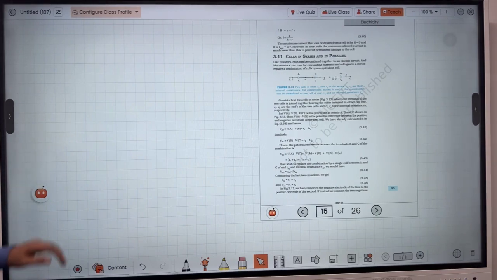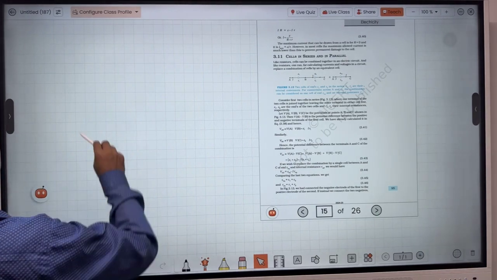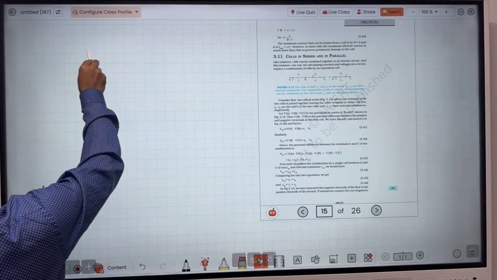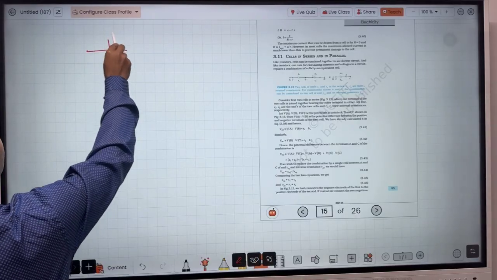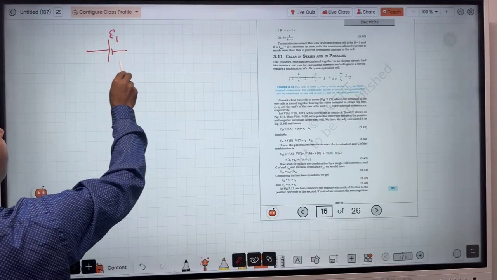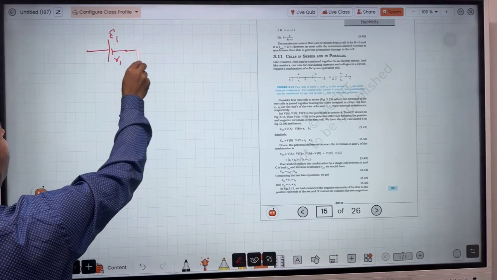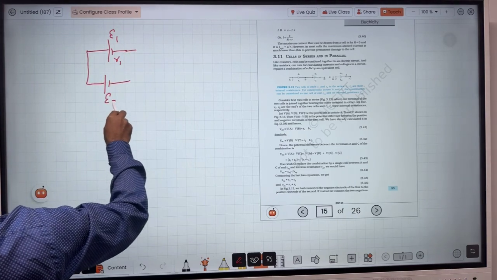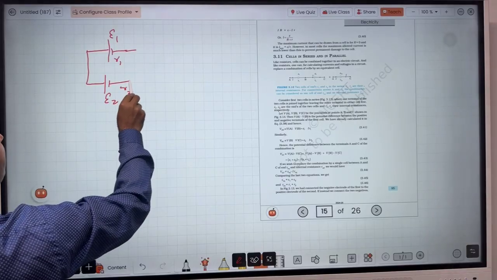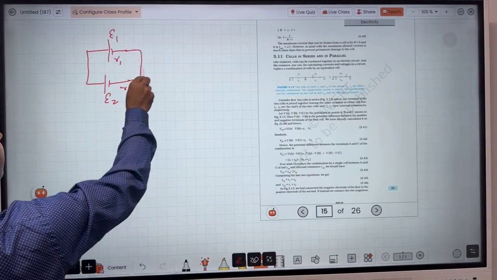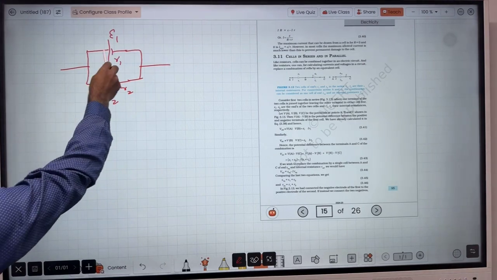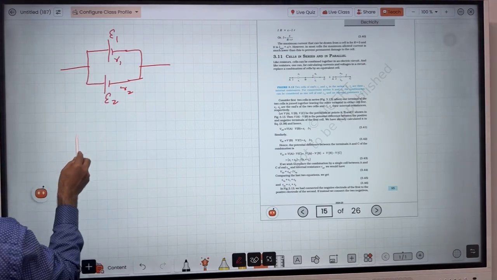Now we can consider another situation in which there are two cells with the same polarity in one side. Suppose this is one cell E1 and its internal resistance is say R1, and then there is another cell here, this is E2, and its internal resistance say it's R2, and you connected them like this. So here what is E equivalent?